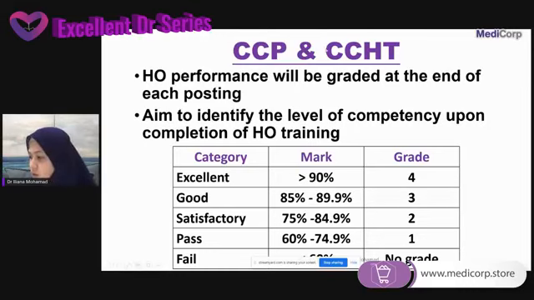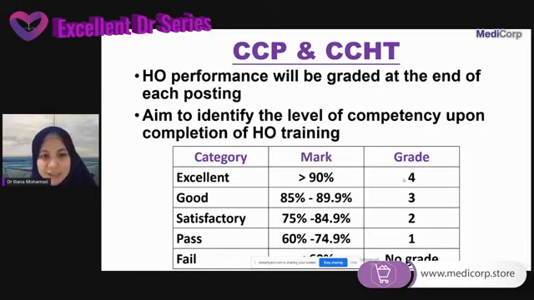CCP is the certificate of completion of posting for a specific department. For all 6 departments, the CCPs will be accumulated, or the average will make up your CCHT, or certificate of completion of housemanship training. So the excellent mark is more than 90%, which brings you the grade of 4. Okay, so what do you think?